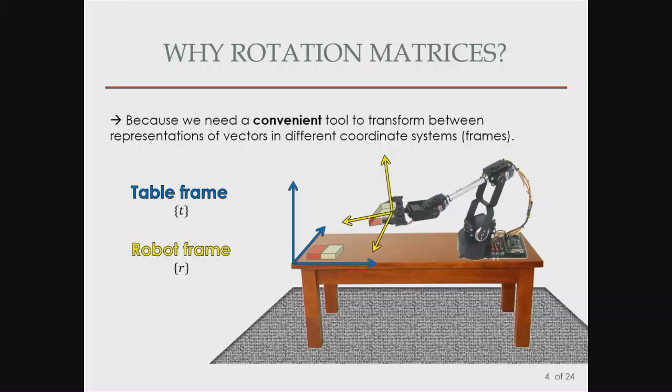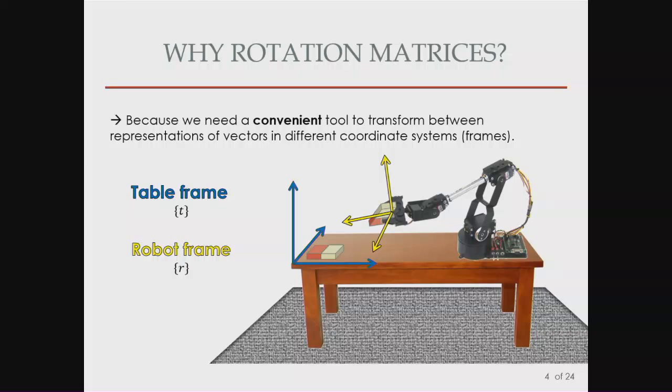And we need to specify, let's say, program to the robot, can you please grab this object and do something to that object, place it somewhere else. And as we program, we want to be able to say the location of this object is so and so, right?